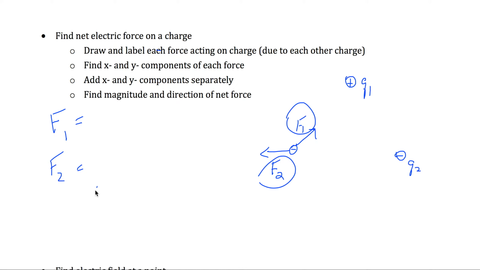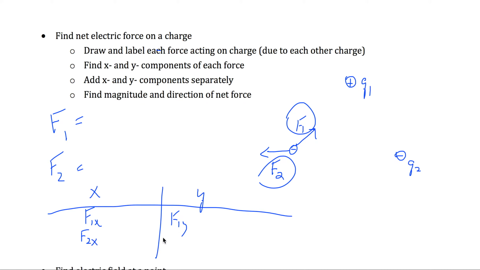So you separate the x and the y directions, and you say, okay, this F1 here, it has an x and a y component, and then this F2 has an x and a y component. And you actually find these using sines and cosines.